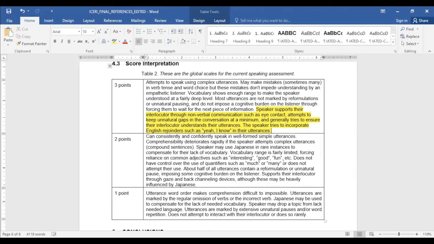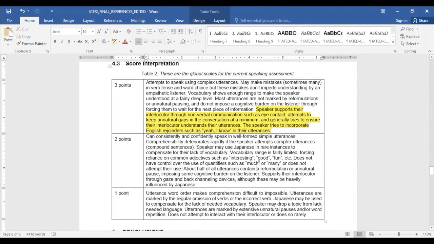So trying to avoid those strange, very gappy pauses where it's not a conversation, you know what I'm talking about. And generally trying to make sure that their interlocutor is understanding them. And also rejoinders such as, yeah, I know. We do have some students at the upper levels that will actually use, oh yeah, I know about that, or yeah, I know. So that's the nonverbal there.